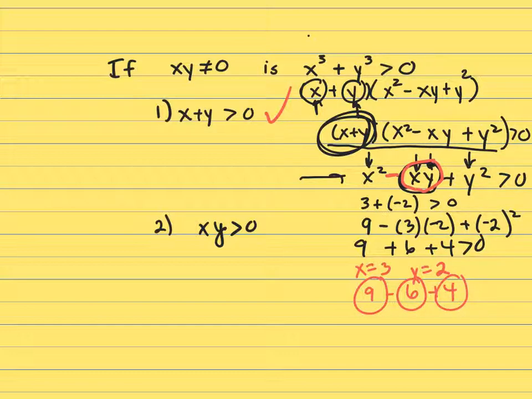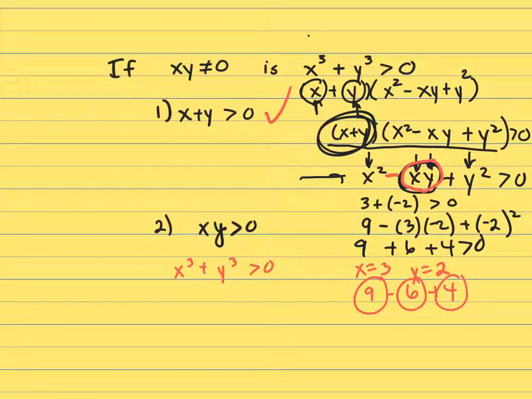It's greater than 0. Now, xy is greater than 0. That's not going to work because if you go back to your original, you've got x cubed plus y cubed is greater than 0. This clue, all it tells you is they're either both negative or both positive.